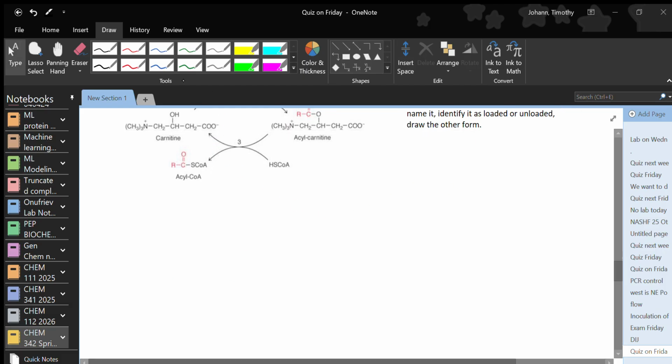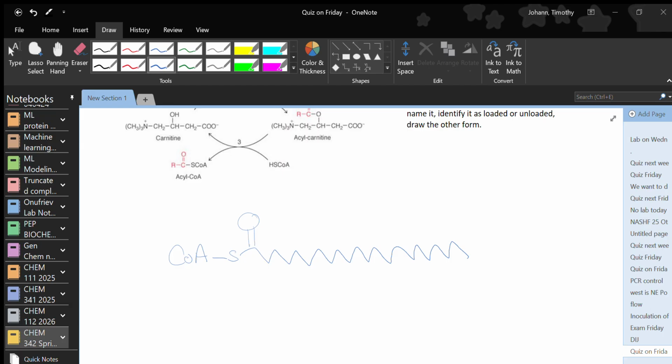Just in general, if I have a fatty acid that looks like this, imagine it's attached to a coenzyme A. I'm going to do the simplest form here, something with an even number of carbons. Most natural fatty acids have an even number of carbons. And then they might be saturated or unsaturated.